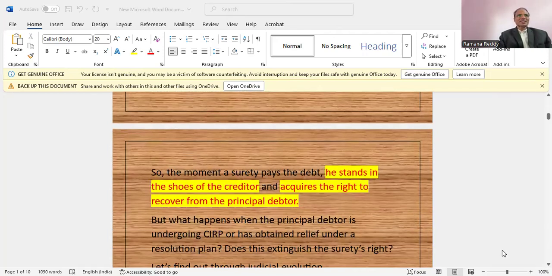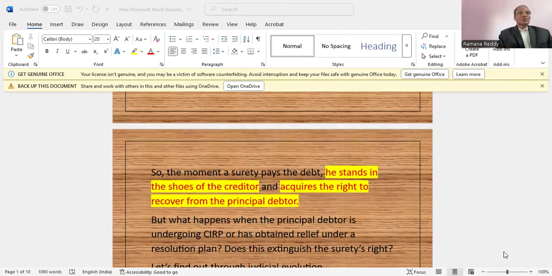So this means the moment a surety pays the debt, he stands in the shoes of the creditor and acquires the right to recover from the principal debtor. This is what Section 140 says.